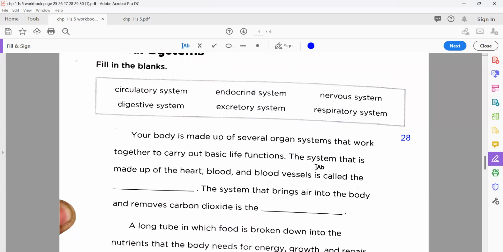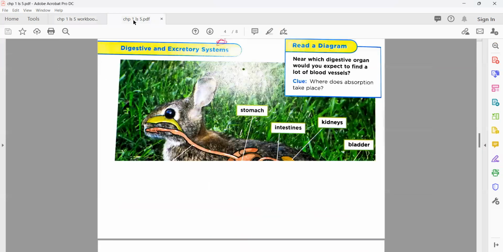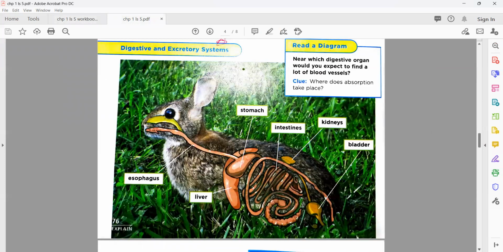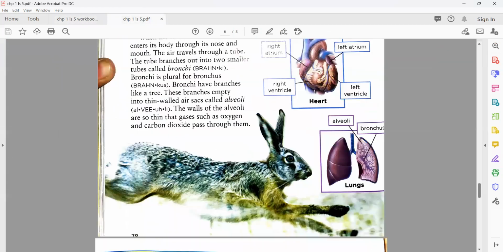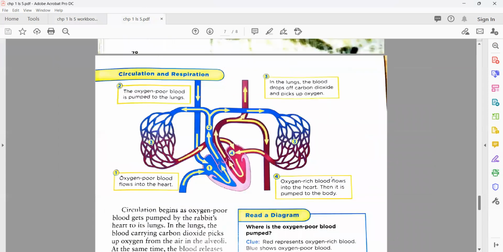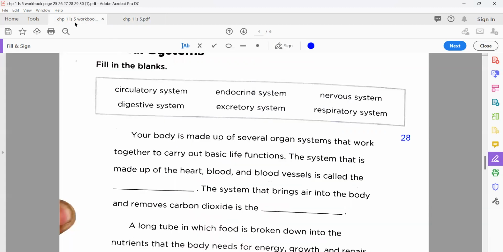So this system that is made up of the heart, blood, and blood vessels is called the, look here again, you can see this system. So you will get the idea. Look, that is your heart, blood, and blood vessels all moving here. So what can we write here?